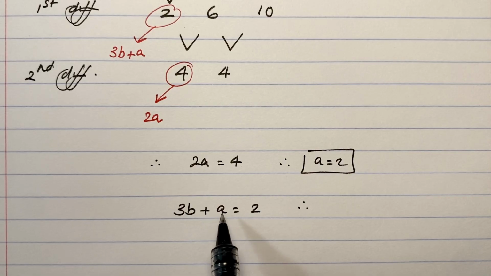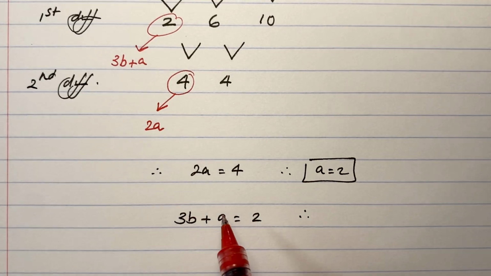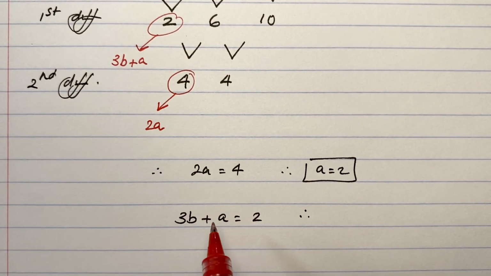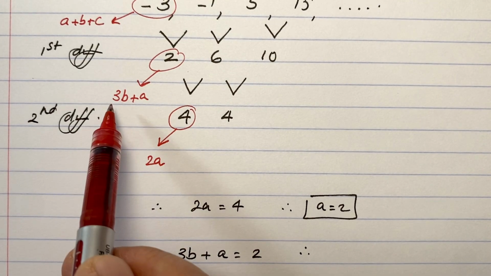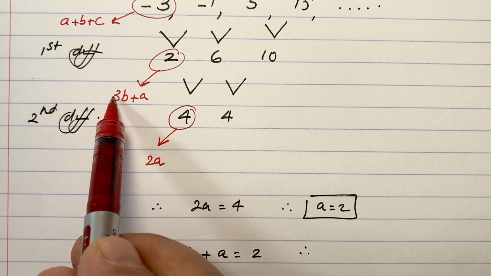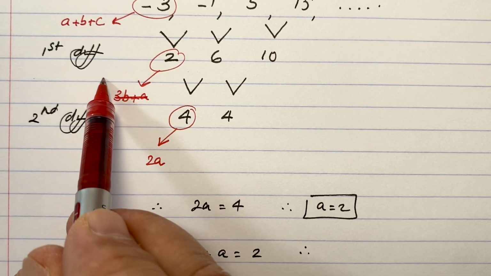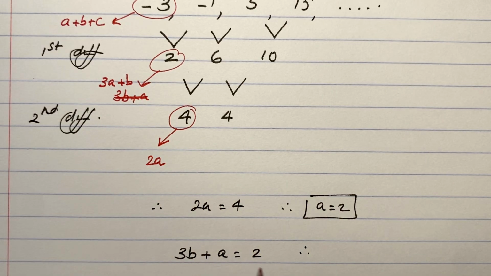Now if I replace a with 2, I was just talking about memorizing these terms, and I made a mistake myself here. Instead of 3a plus b, I put 3b plus a. I just realized. So that is 3a plus b.